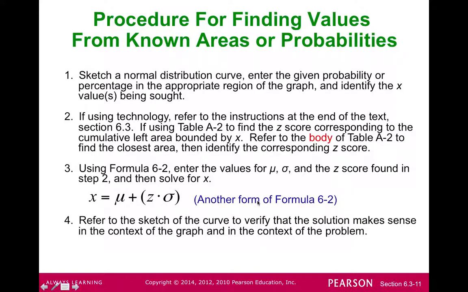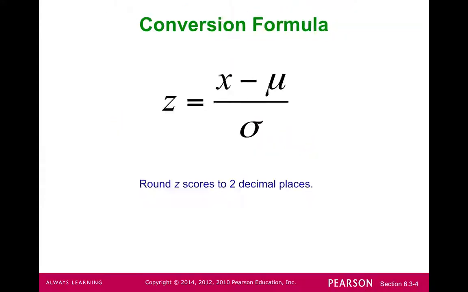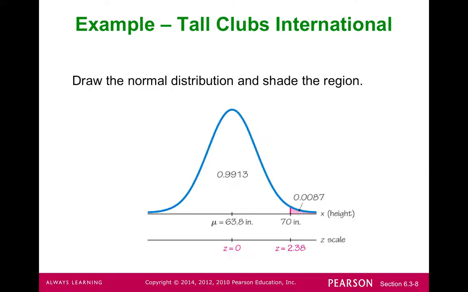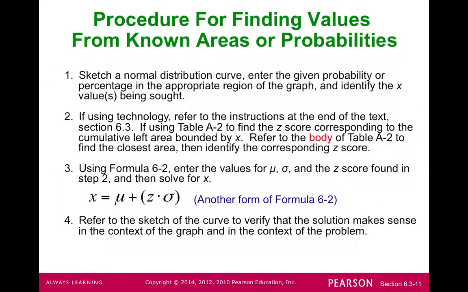And so this is actually an important formula here. This is actually the same conversion formula that we saw back here. Let me back up. It's actually this same formula, but rewritten to solve for x instead of solving for z. So definitely jot this formula down for yourself.